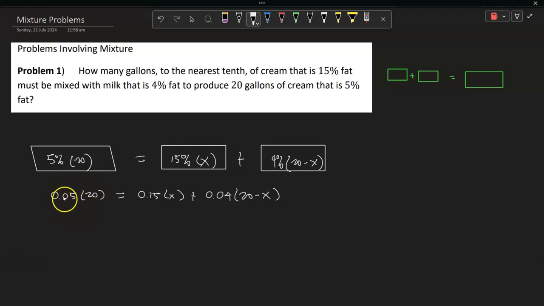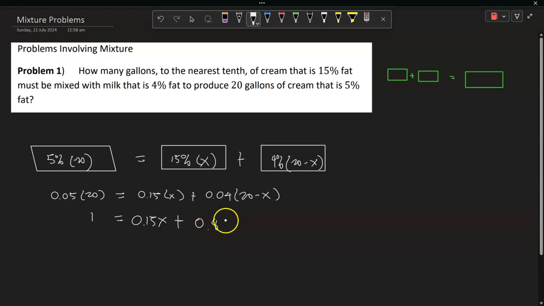What is 0.05 times 20? This is just 1, right? So 5% of 20 is just 1. This is equal to 0.15X plus, what's 4% of 20? That is 0.8, sorry.